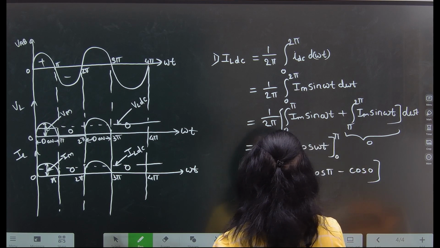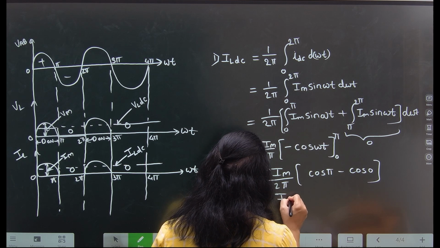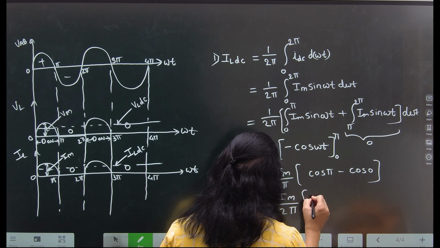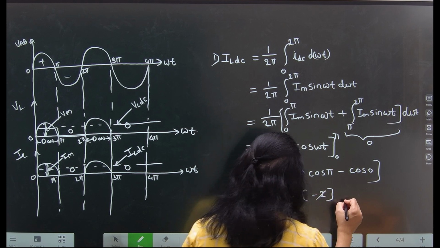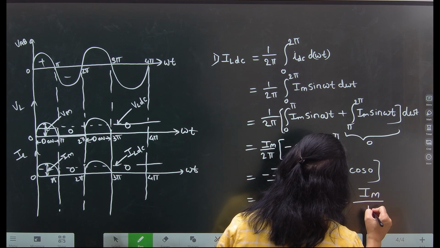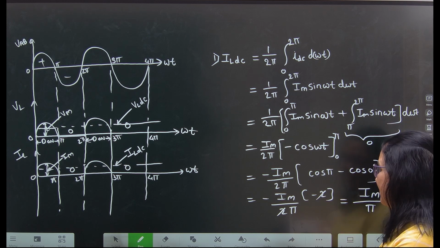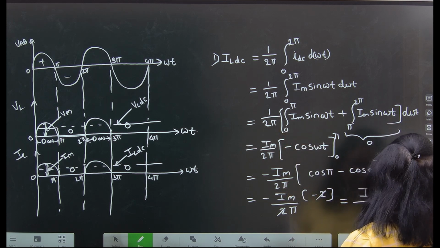If we calculate these values, the 2 and 2 get cancelled, so it becomes Im upon pi. Clear? This is the first parameter, that is ILDC.